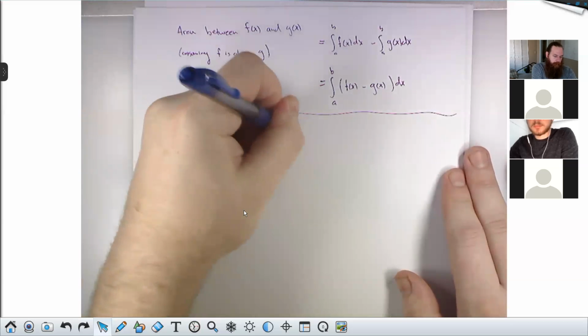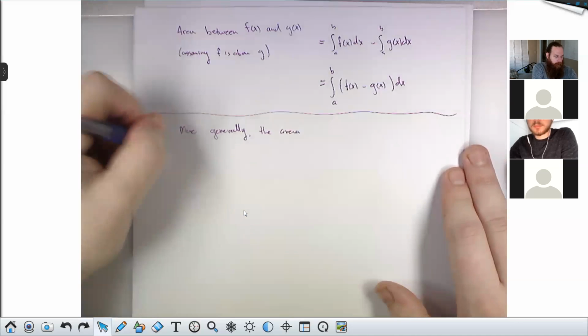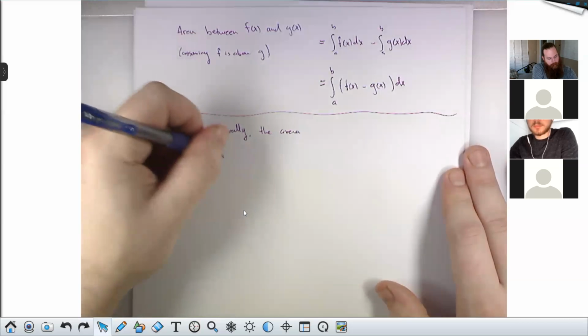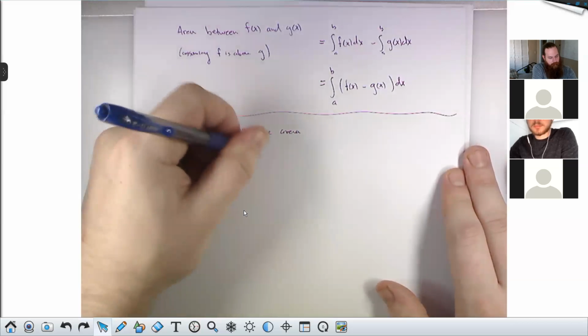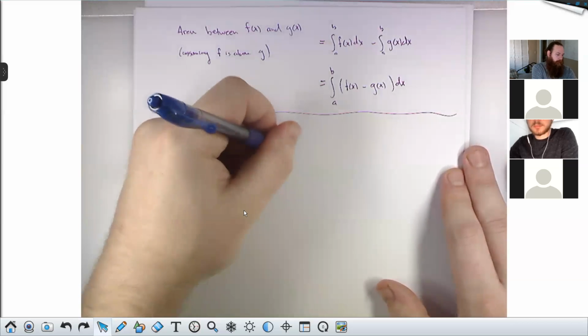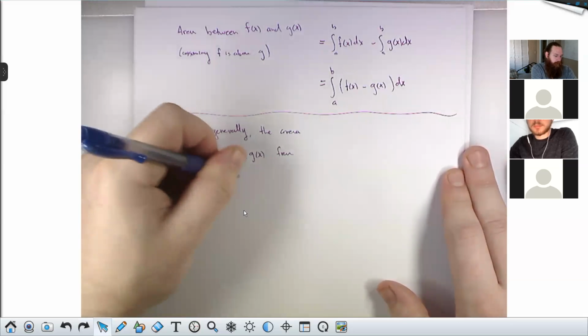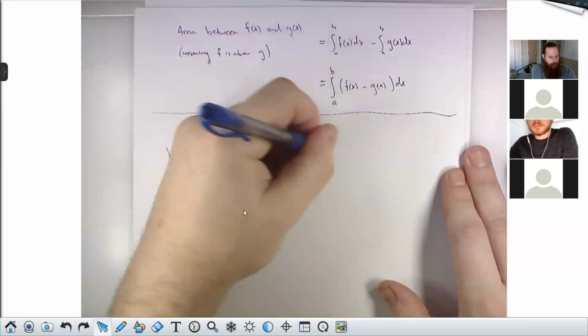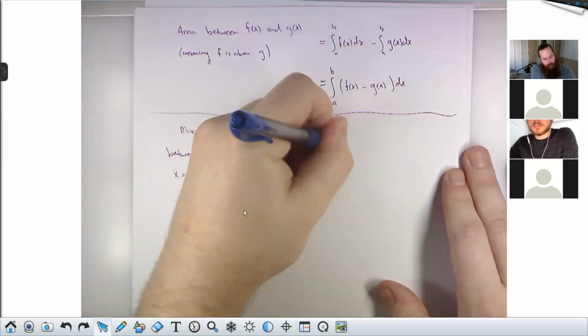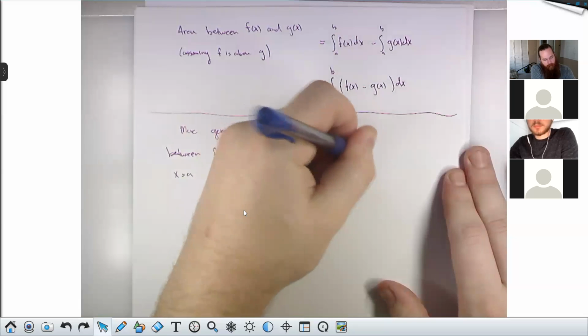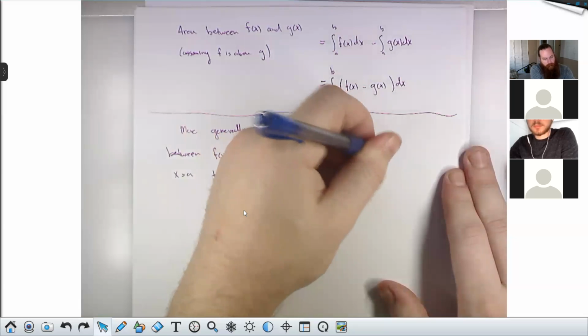the area between f of x and g of x from x equals a to x equals b, this is the integral from a to b of the absolute value of f of x minus g of x.